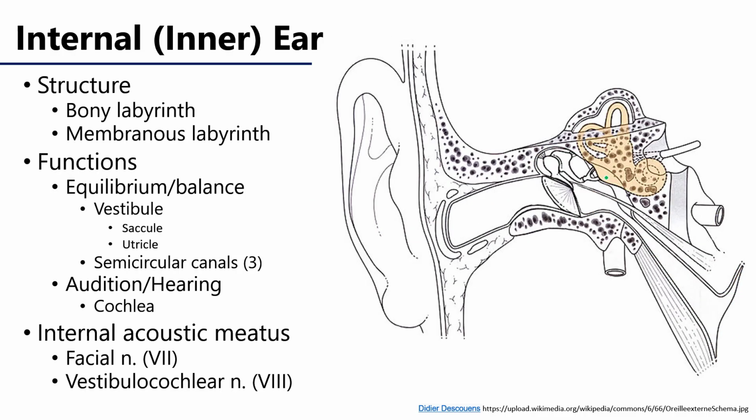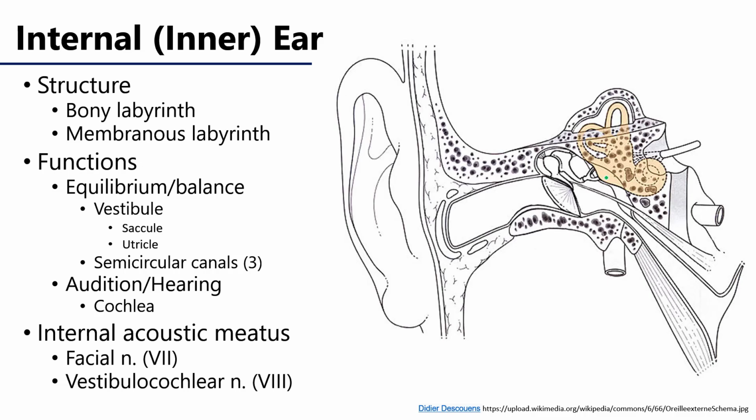And then finally we have the internal or the inner ear. This is also within the petrous part of the temporal bone. And structurally there are two parts to it. The outermost part is a bony labyrinth, and that bone is more dense than the surrounding temporal bone. And that bony labyrinth houses a membranous labyrinth.